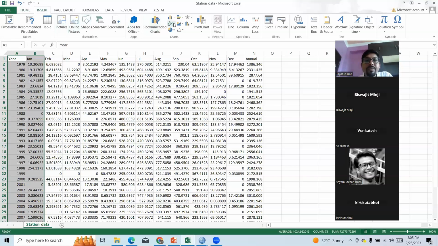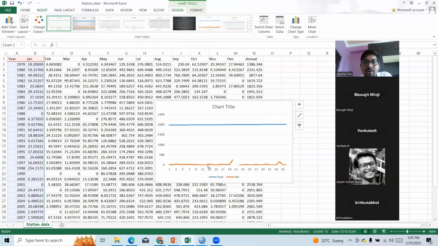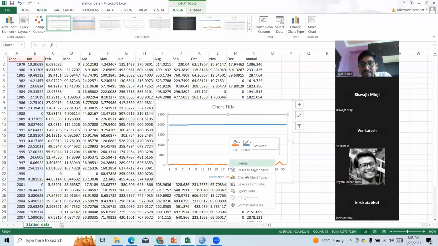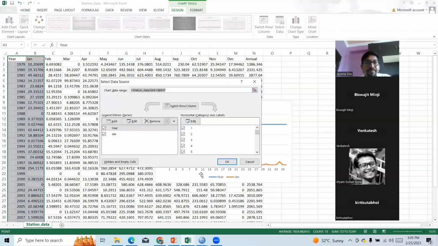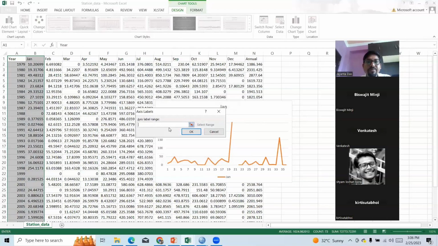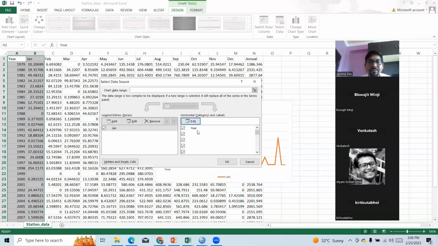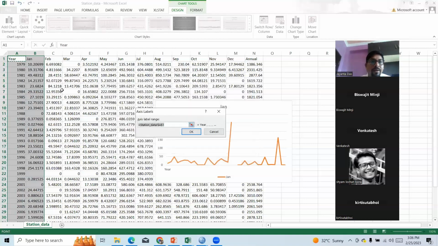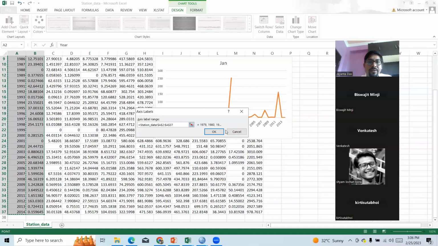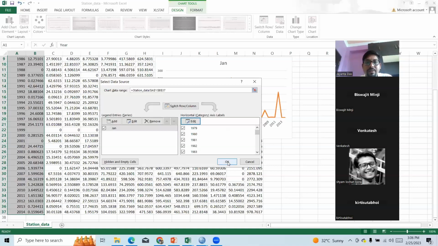So now a line plot. If we draw a line plot, we have to change this data, select data. Now unselect it here. We can directly change it, but we can remove it also from here and edit this data. We have to label it from here. Okay, and click OK.